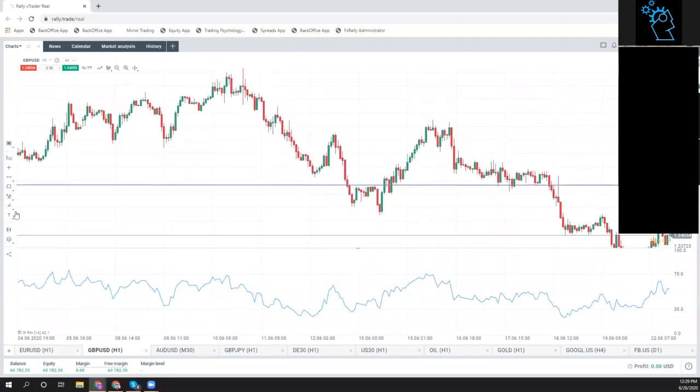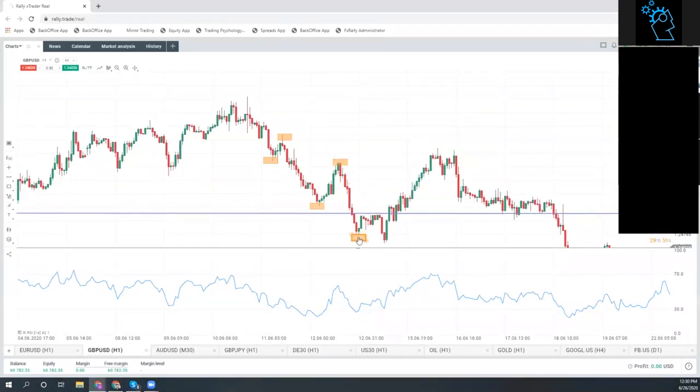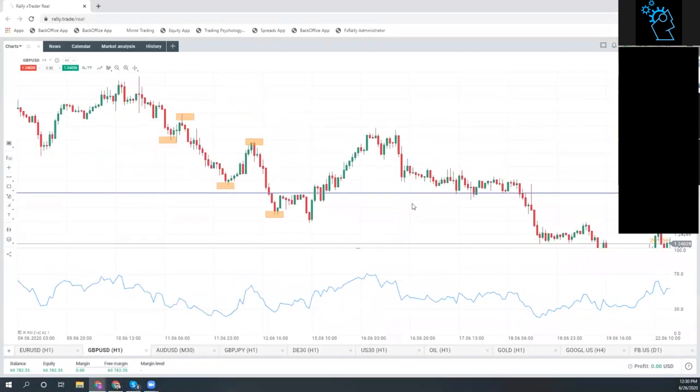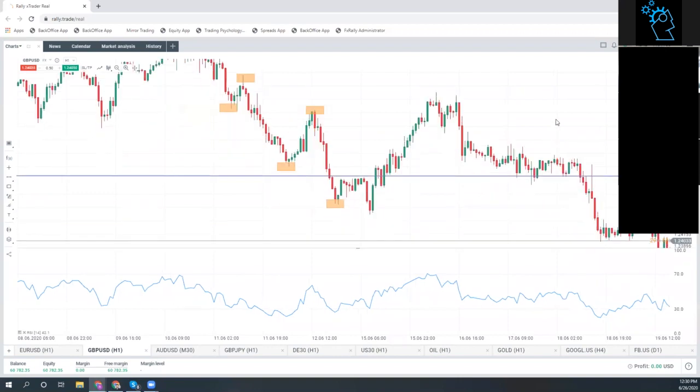So we have a high here, we have a low, we have another lower low, lower high, okay, lower low. This is becoming very interesting, and we have a lower high. Look what happens with the RSI. You have a high, low here, higher low, and higher low.